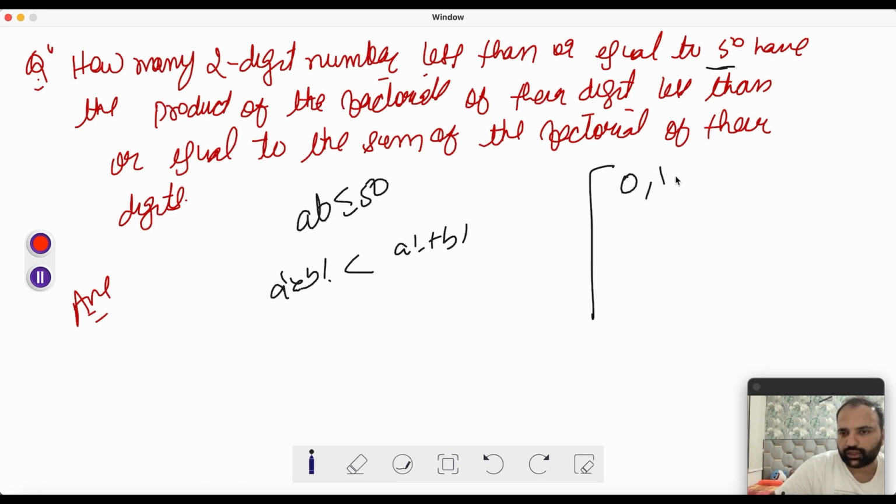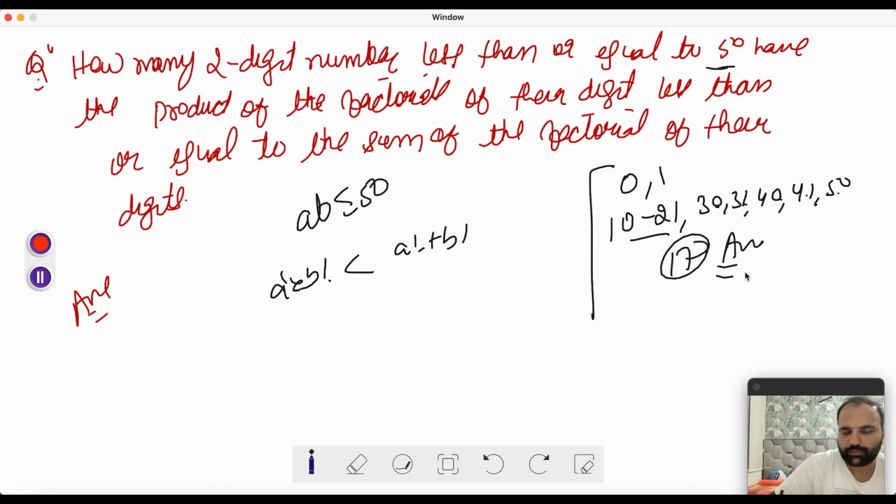We cannot take 22. We know why. So we can take 10 to 21, then 30, 31, 40, 41 and 50. So it will be 11 plus 1, 12, 13, 14, 15, 16, 17. Simple. It's a very simple concept.